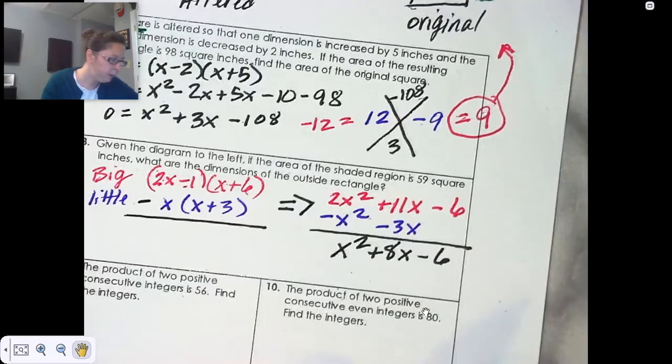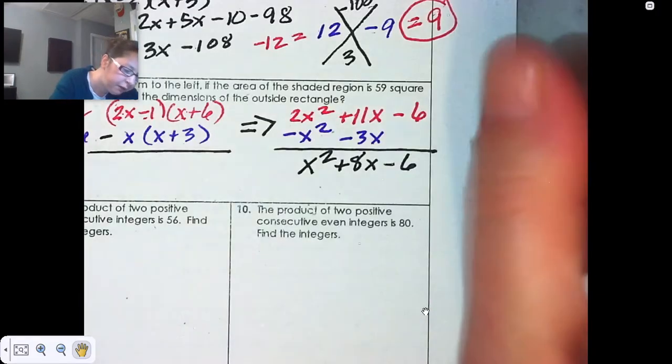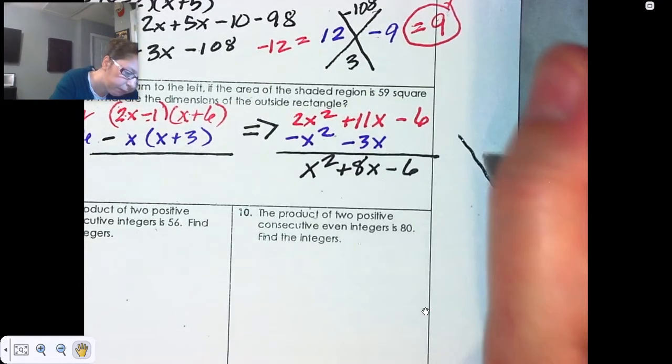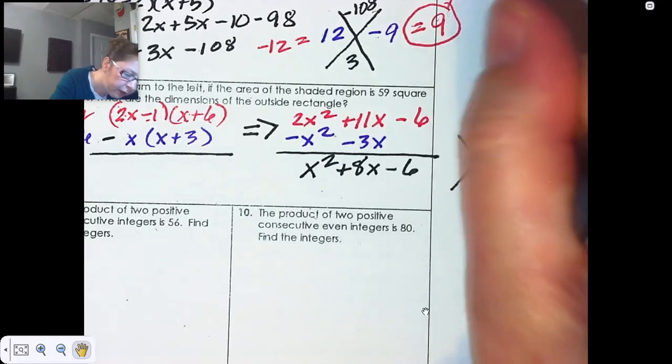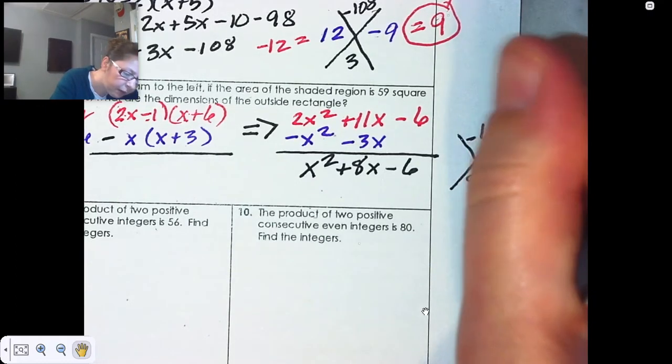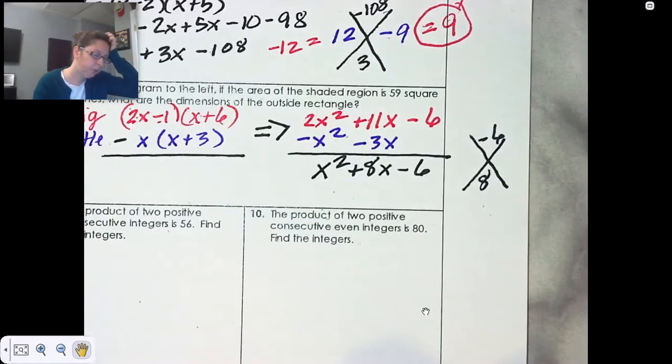Now what I am ready to do is to factor this. So I'm going to do it out to the side here. So negative 6 goes on top, 8 goes on bottom. And to factor this, let's see, I am thinking, oh, I forgot one thing. I'm not ready to factor this yet.